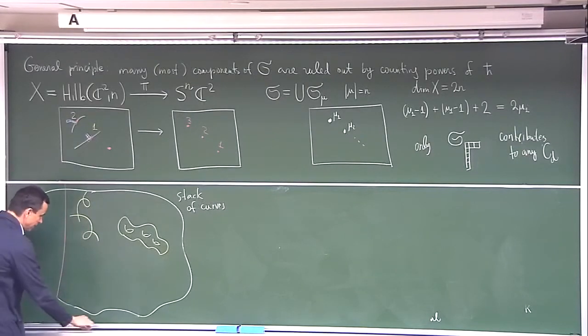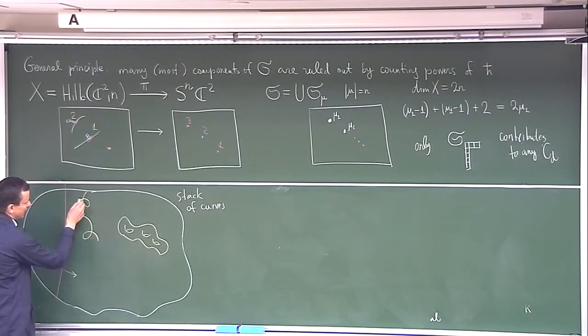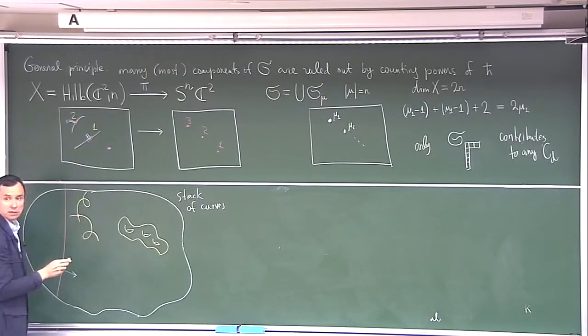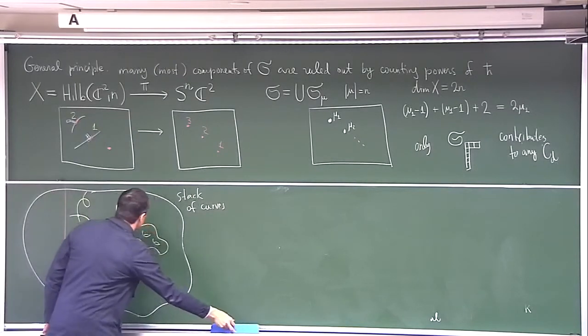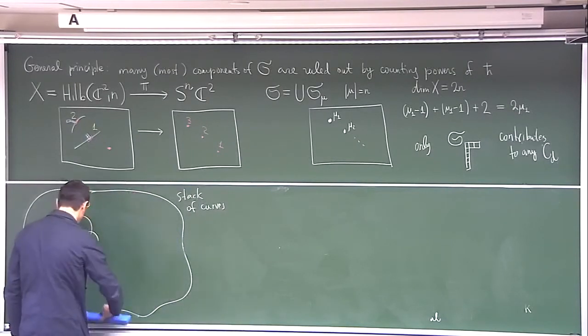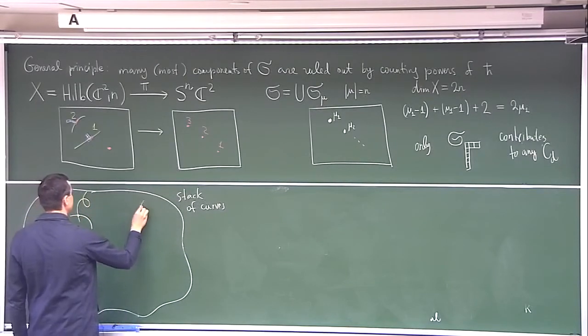So the normal bundle to this divisor, what is this? What's the normal bundle to that divisor? So on each component you have a marked point, because this is where they join. And then there's some smoothing of this.